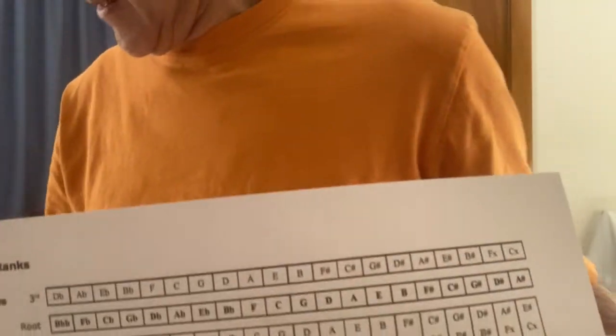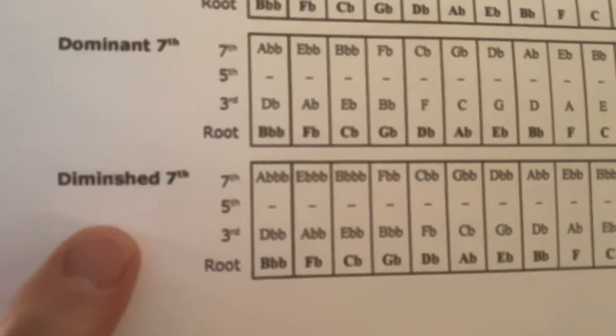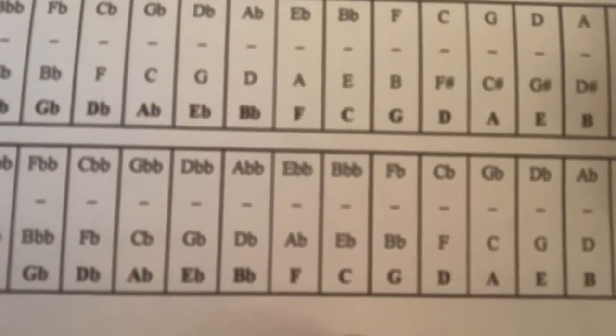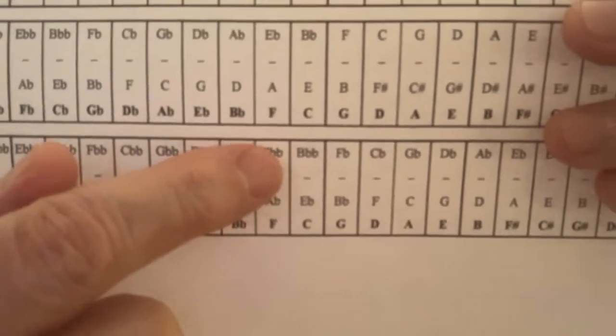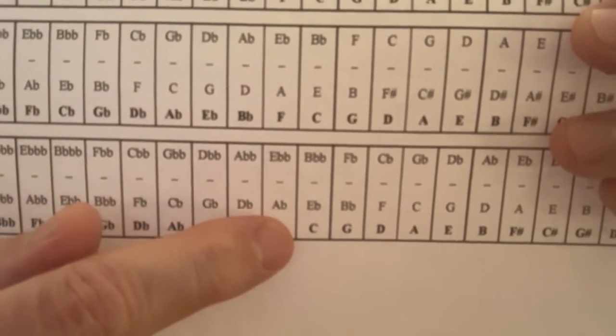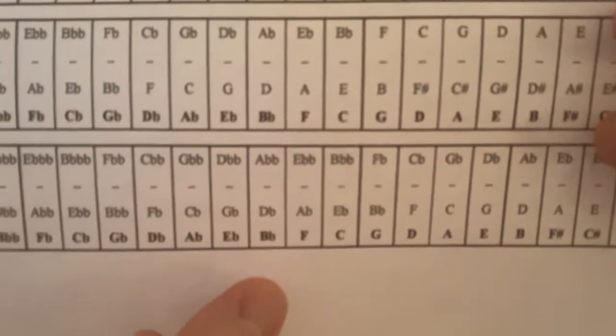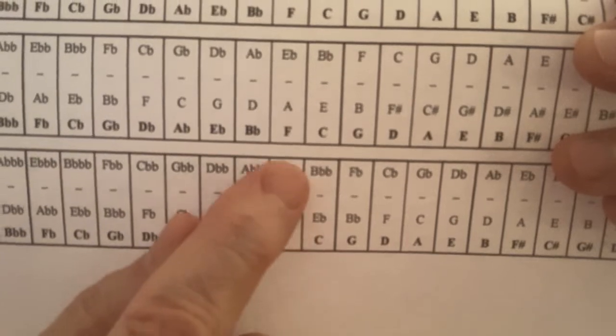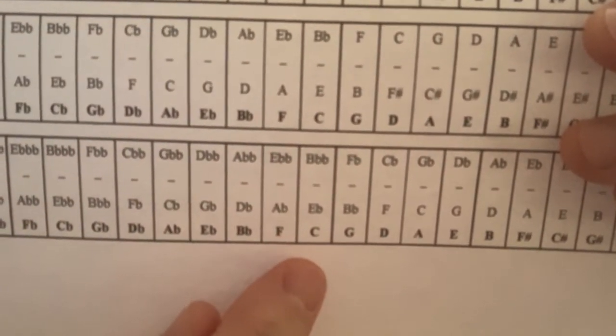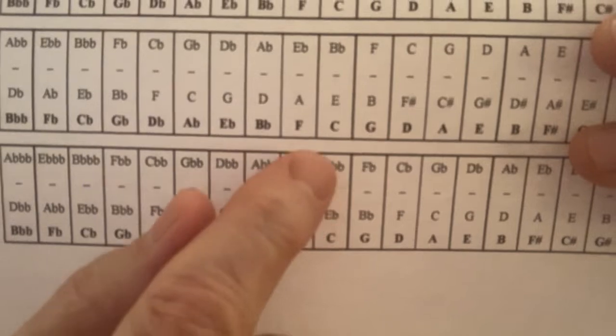Okay, so hold on. Let me show you what I'm talking about. Your diminished 7th rank, that's your rank. Let's say we're doing C again. The tones in this button here are the tones of the C diminished 7, and that only, C diminished 7.